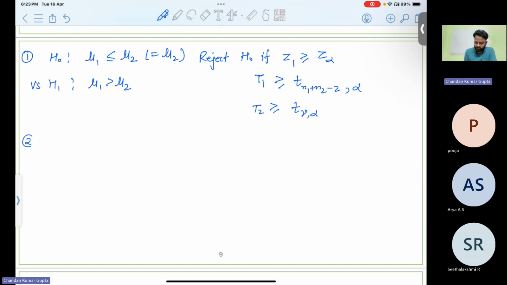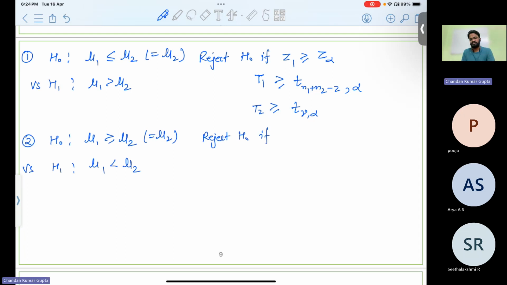Second scenario: suppose the null hypothesis is defined as mu1 greater than or equal to mu2, and the alternative hypothesis is mu1 less than mu2. In a similar manner, these are all already discussed in the lectures.